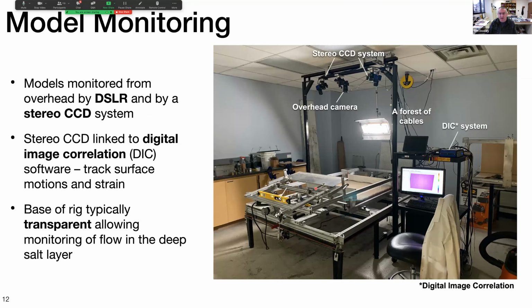And just for those of you who haven't ever been in a lab doing analog modeling, this is the setup I have here.